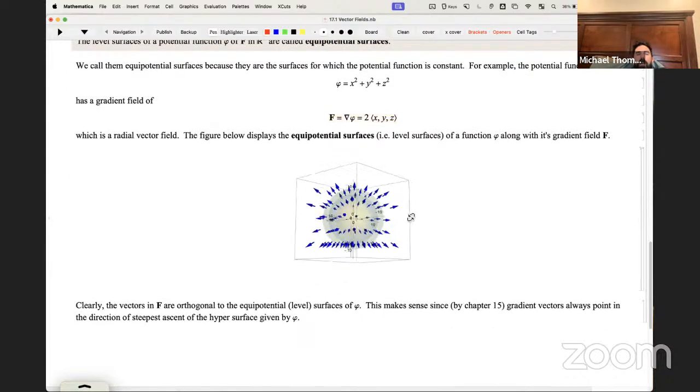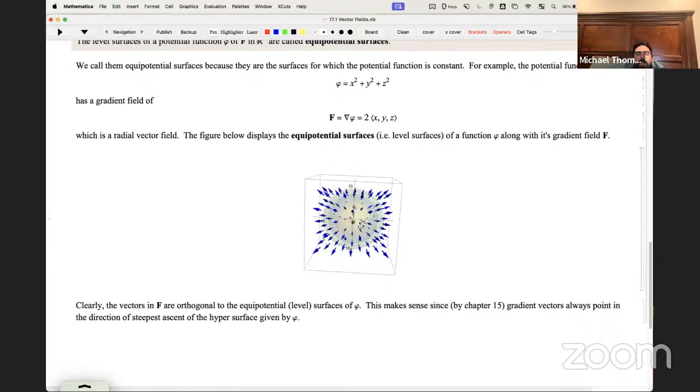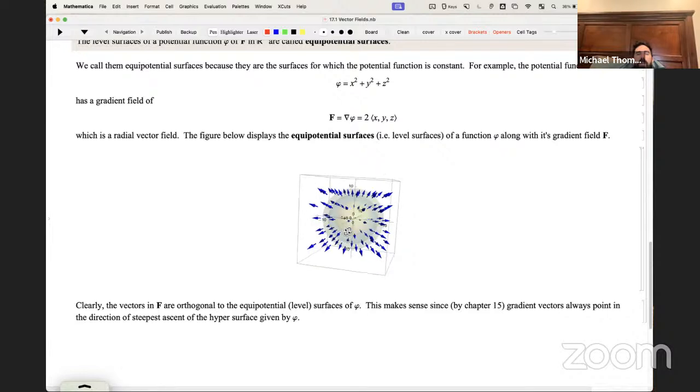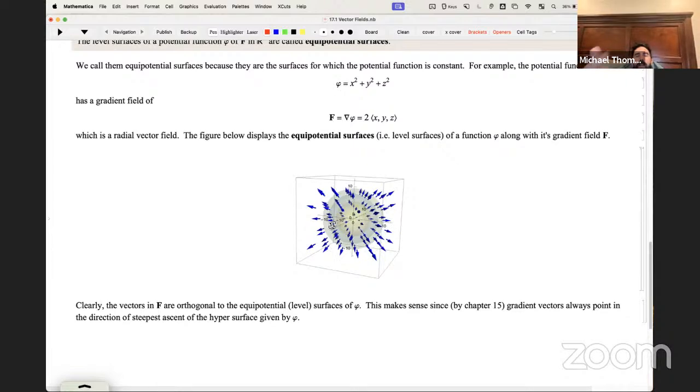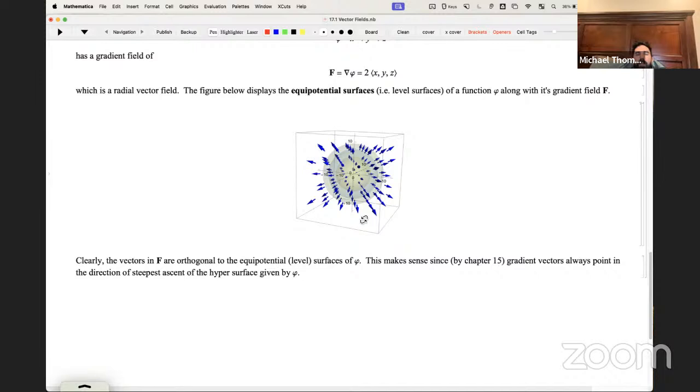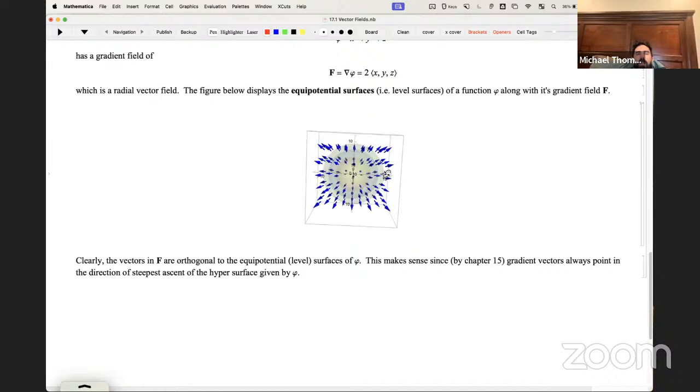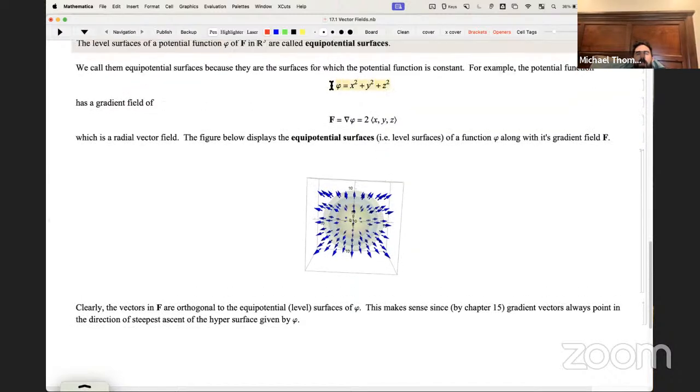So here they are. I plotted them both in the same plot. And what you'll notice is that the level surfaces, which are the spheres there, are all perfectly orthogonal to the vector field. So it's the same case in R2, and it's the same case in R3. And remember, those blue vectors always point in the direction of steepest ascent of the hypersurface.